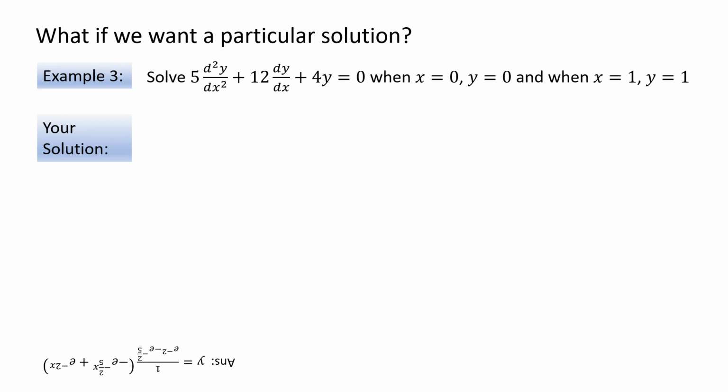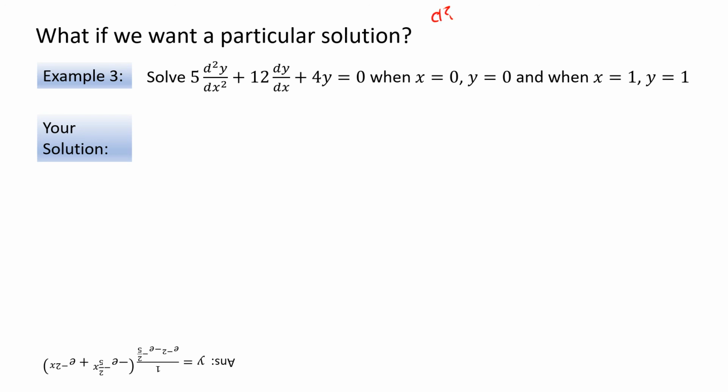So we have to solve 5 d squared y by dx squared plus 12 dy by dx plus 4y is equal to 0. And we have the points when x is 0, y is 0, and when x is 1, y is 1. Okay? So our first step remains the same.